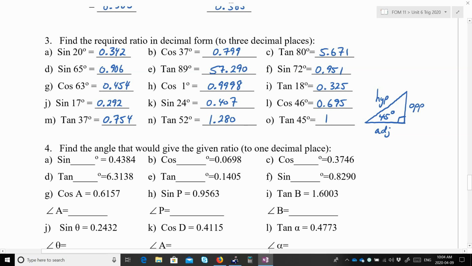Tan stands for opposite divided by adjacent. So if you've got a 45-degree angle, it's saying that opposite over adjacent is equal to 1. The opposite side and the adjacent side would be equal, because anything divided by itself is equal to 1, so opposite and adjacent are equal when you're at a 45-degree angle.